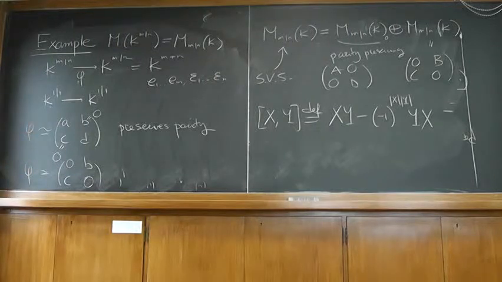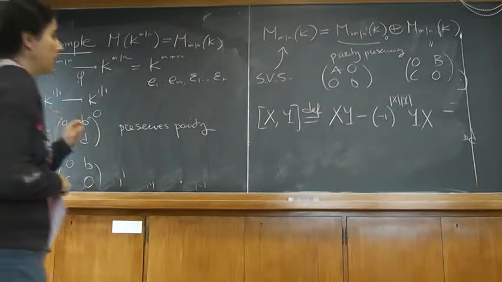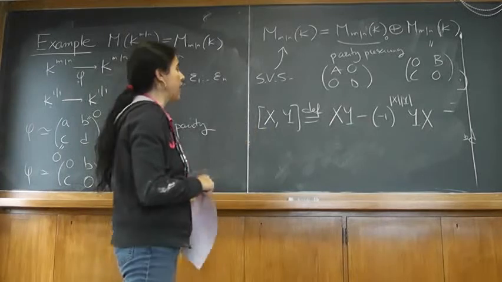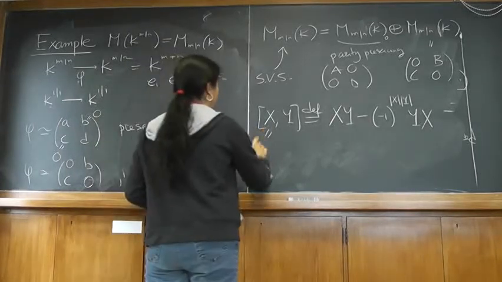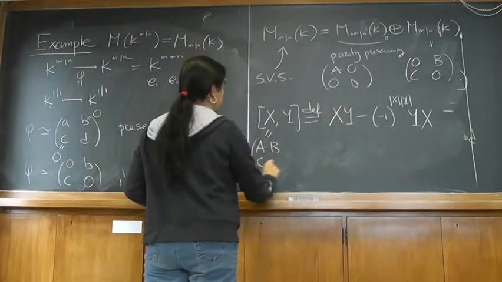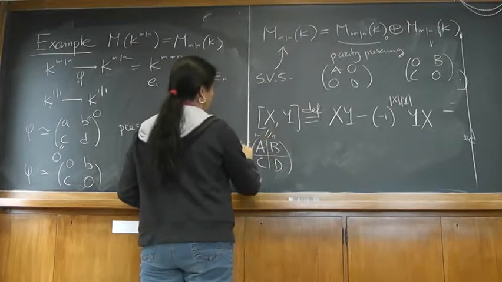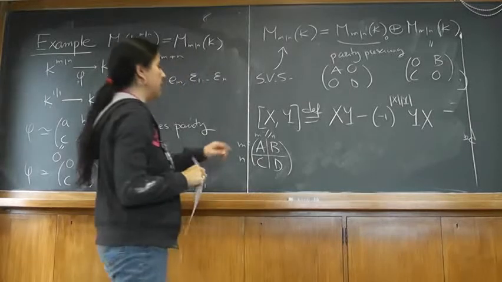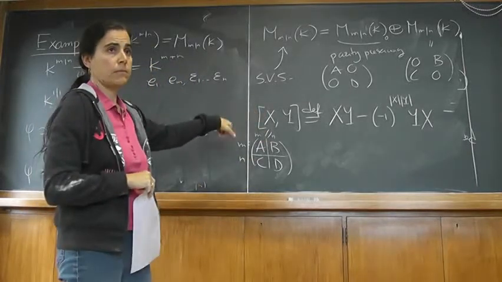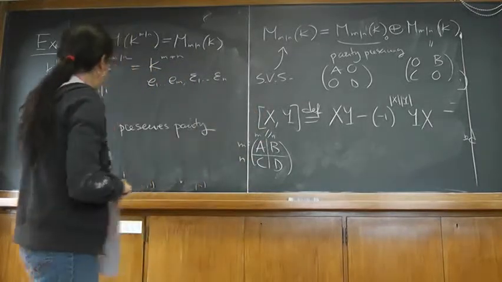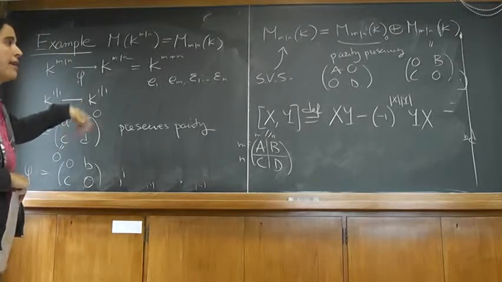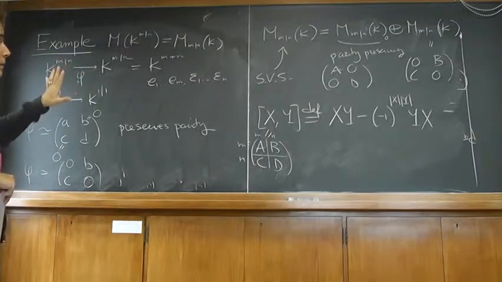Here you have to be careful, as usual, that a generic matrix, if you write matrix A, B, C, D, which is a block matrix, right? I was doing the 2 by 2 case, but the general case is the same.